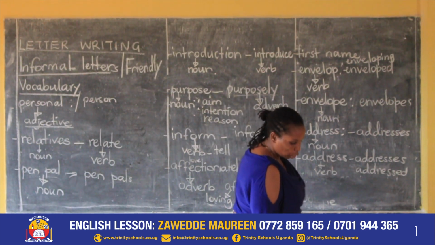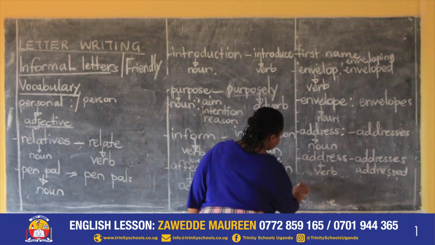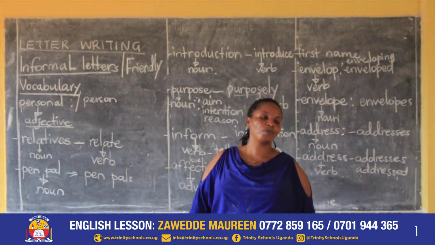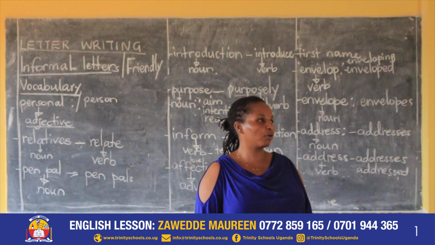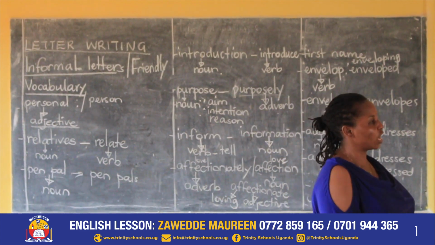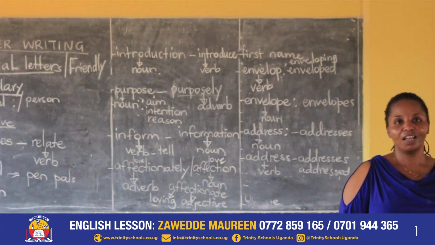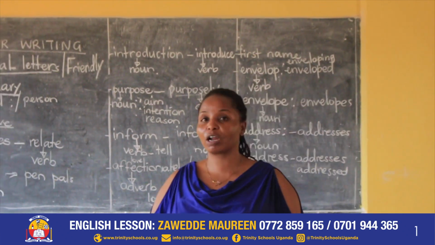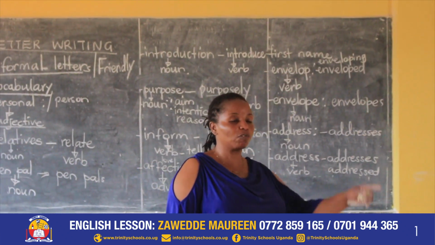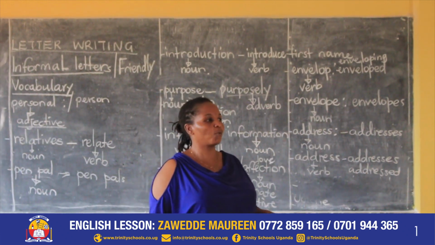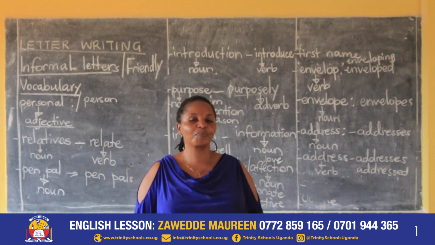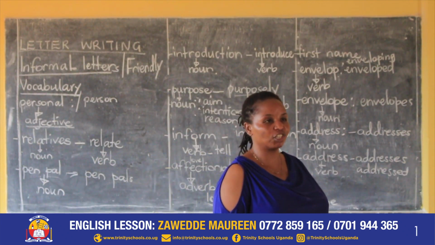Now, we also want to know the person. For example, my friend Tyrell is bored in the COVID recess, the COVID holiday where you feel bored, and you decide to write a letter to your teacher, Mr. Chinji.